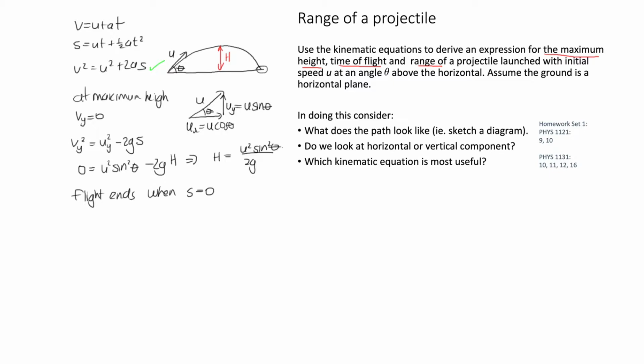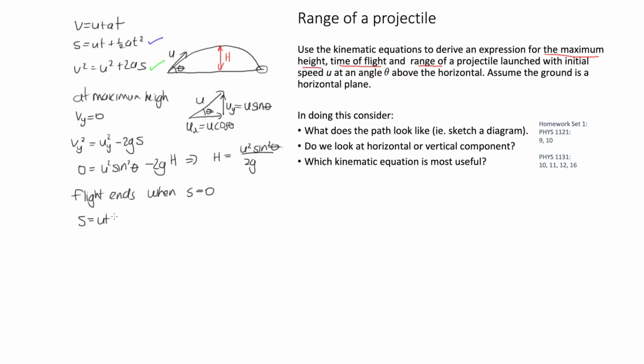So let's look at these kinematic equations again and see which one's going to be most useful for this situation. So we know s, so we'll want to use one of these ones with s. And what we're trying to do is find t. So this one's not useful this time because it doesn't tell us about t. So this one is going to be the useful one for calculating this next thing.